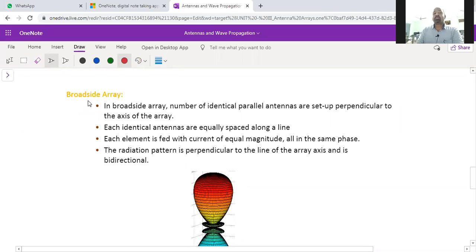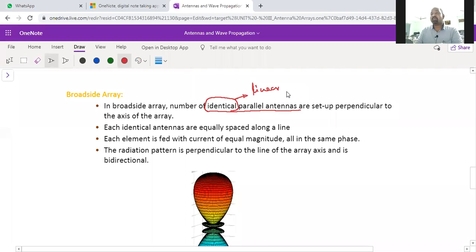Coming to broadside array, in broadside array, a number of identical parallel antennas are used. Identical antennas in the sense linear; we are discussing only linear arrays, not planar arrays or conformal arrays.